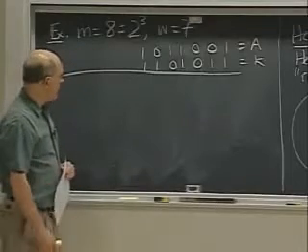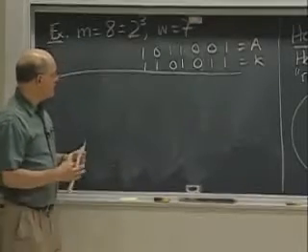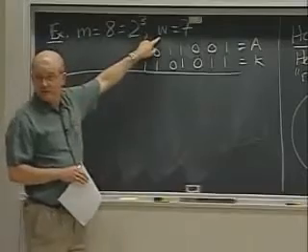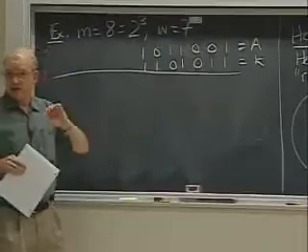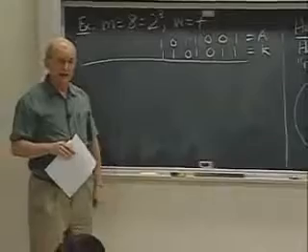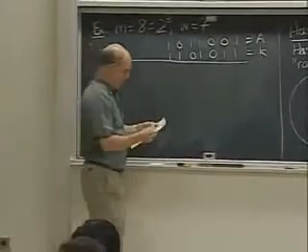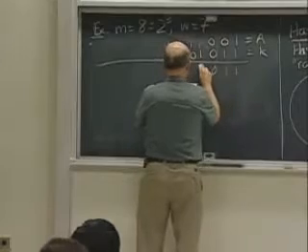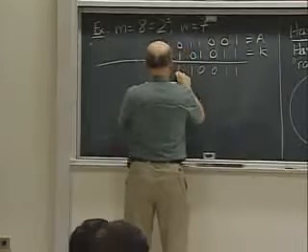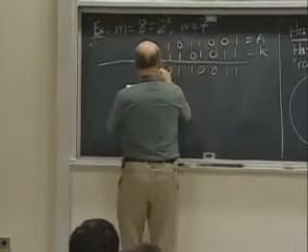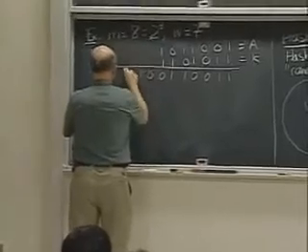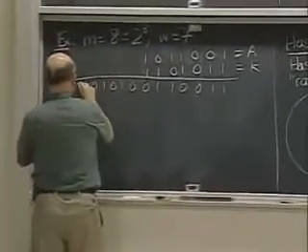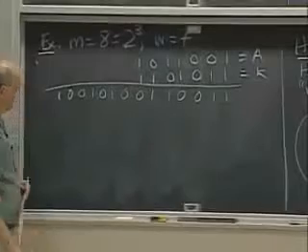And so when I multiply that out, I get a 2W-bit answer. So when you multiply two W-bit numbers, you get a 2W-bit answer. In this case, it happens to be that number.